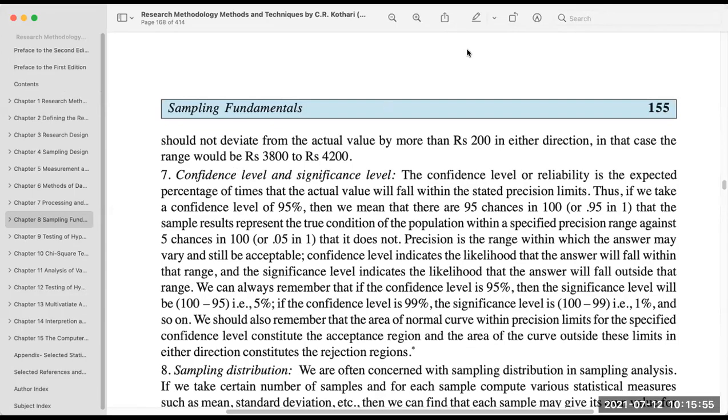Okay. So confidence level and significance level. The confidence level or reliability is the expected percentage of time that a value actually falls within the stated precision limit.